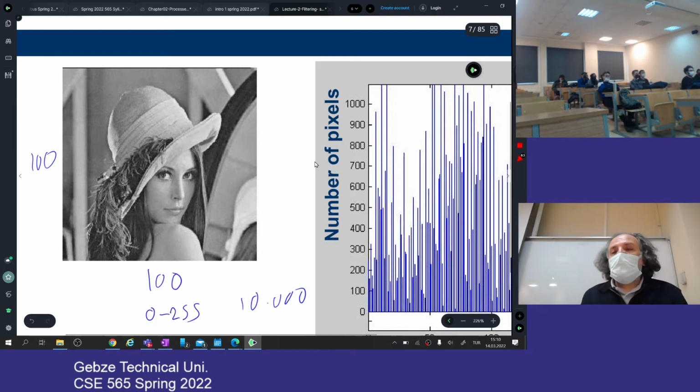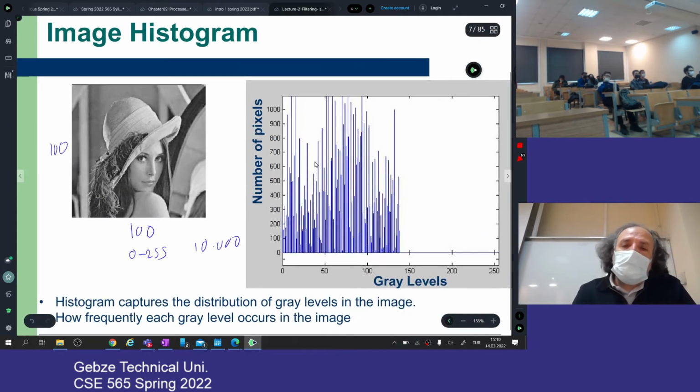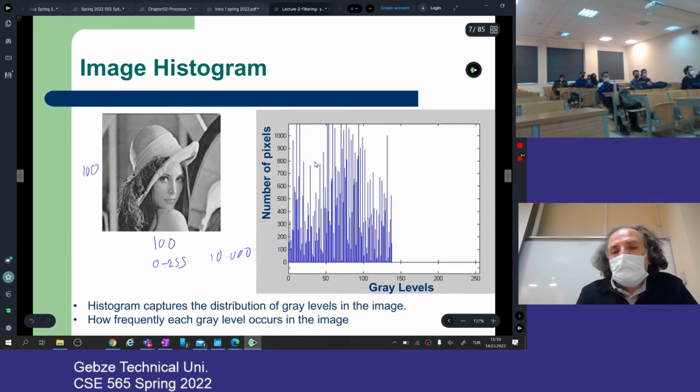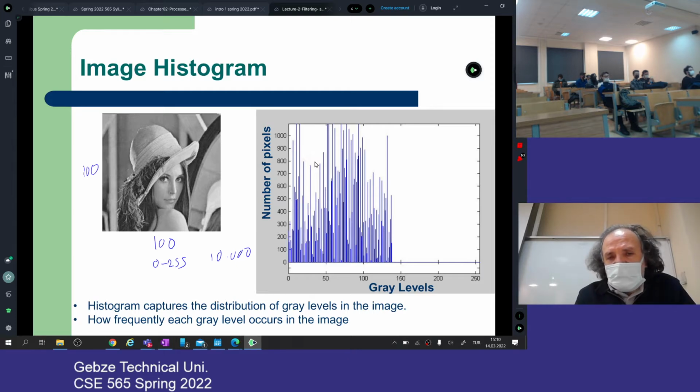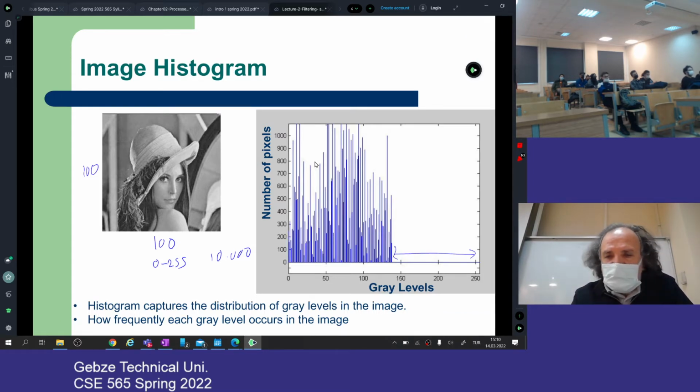If I make a histogram of this image, what's a histogram? I count how many zeros there are in this image, and then how many ones, how many twos, how many threes, and make a graph like this one. So I'm making a histogram of this image. It looks like in this image they did not use any of these values after 130 or 140.